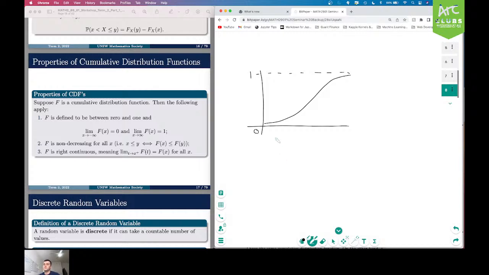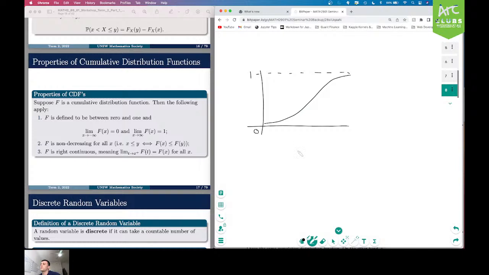So you start at 0 and you just accumulate more probability, and that's why it'll never ever be decreasing. So F is non-decreasing. Now, it's also right continuous, so this limit definition holds true.